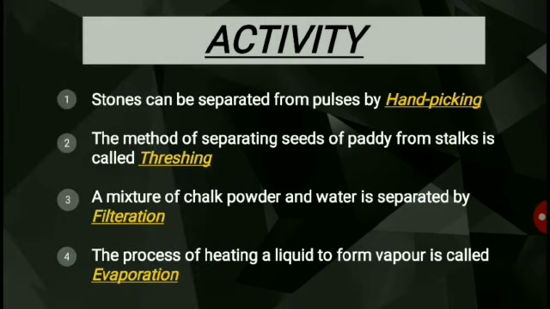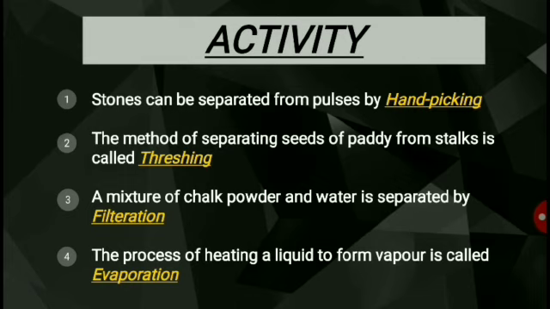The first activity is in the form of fill in the blanks. The first is, stones can be separated from pulses by which process? By the process of hand picking. The next is, the method of separating seeds from paddy, we say rice, from stalks is called threshing.